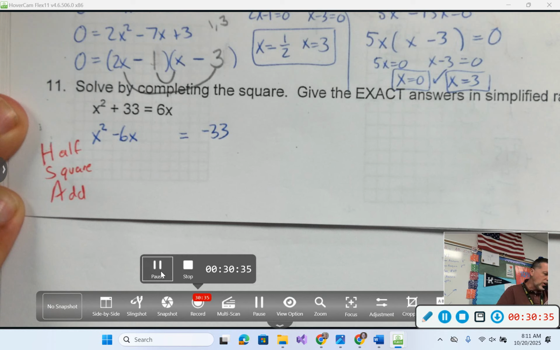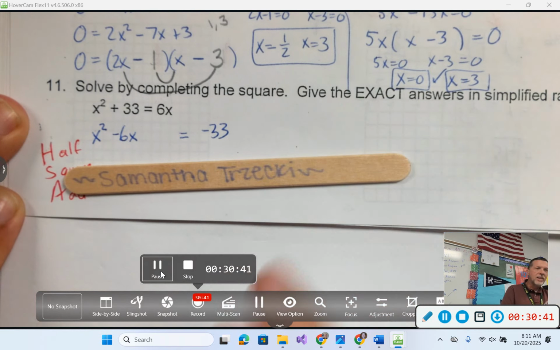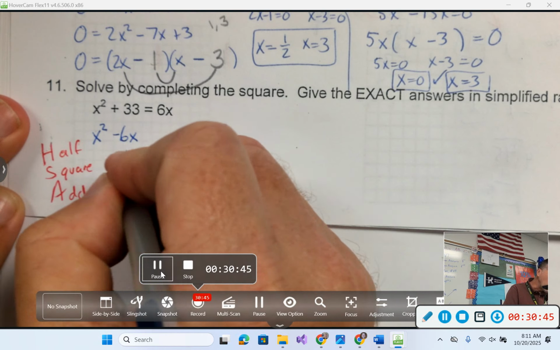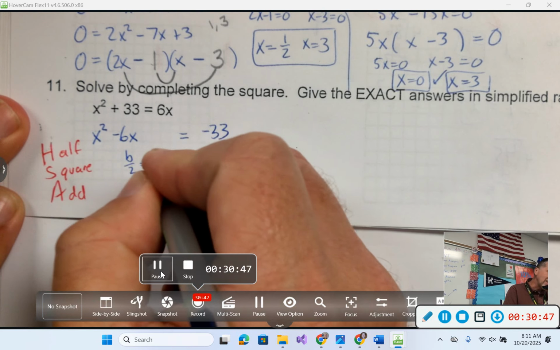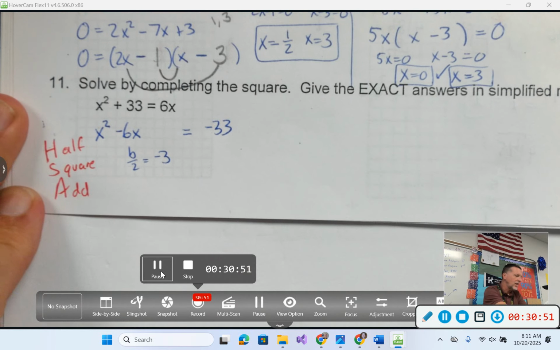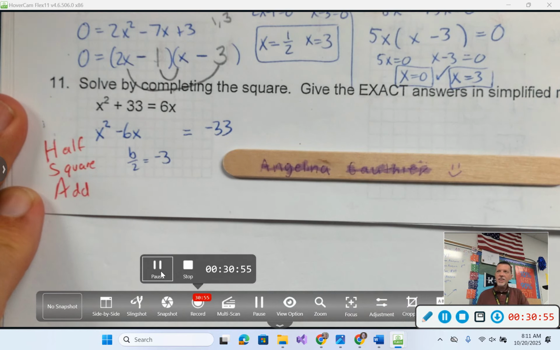So half, square, add. When we say half, Samantha, half of what? Just half of negative 6. Leave the x alone. Half of negative 6 is negative 3. Angelina, what do I do with that negative 3? Square it. That gets me 9.